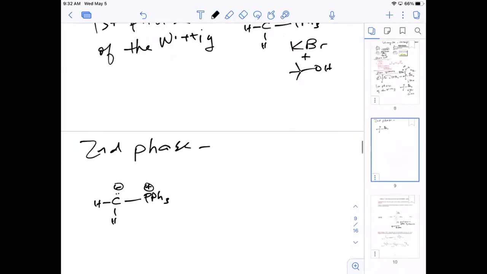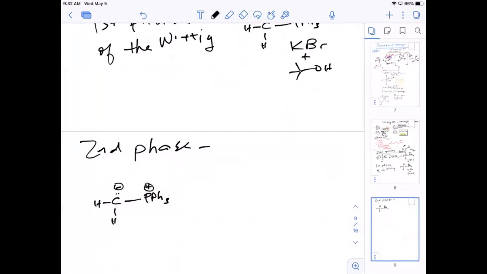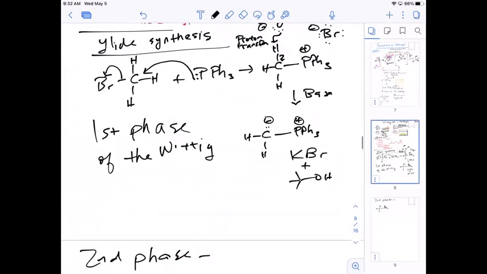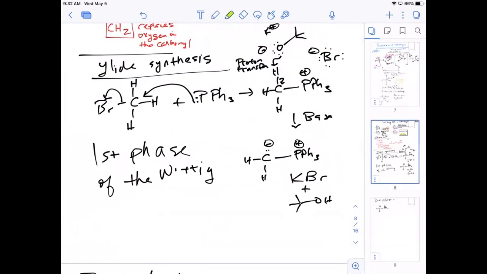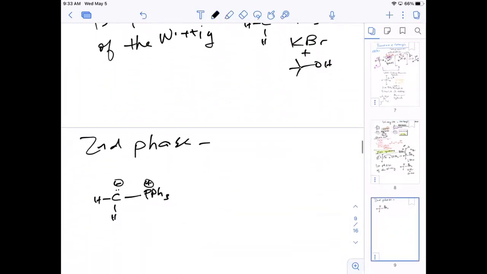Dr. Russell, you said the first phase was to make the what? The ylide. Yeah, right here, ylide synthesis. Okay. Yep, and then the second phase is the attack on the carbonyl, which we're going to see in a second.